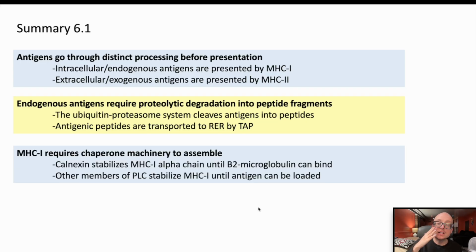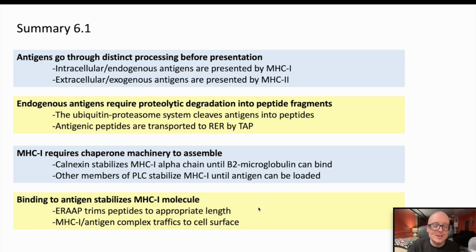We saw that MHC class 1 requires several chaperones in a complex called the PLC in order to fold correctly and also to successfully load antigen. Some examples of those were molecules like calnexin, which stabilized the MHC class 1 alpha chain until the addition of beta 2 microglobulin, as well as other members like calreticulin and tapasin, which were important for folding as well as bringing the molecule into close association with TAP so that it could catch antigens as they come into the ER.